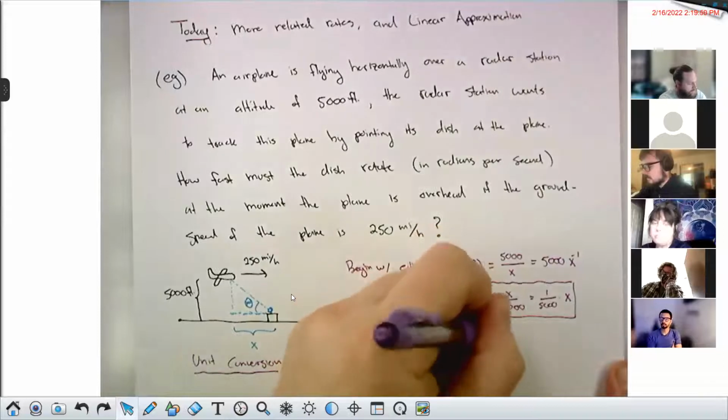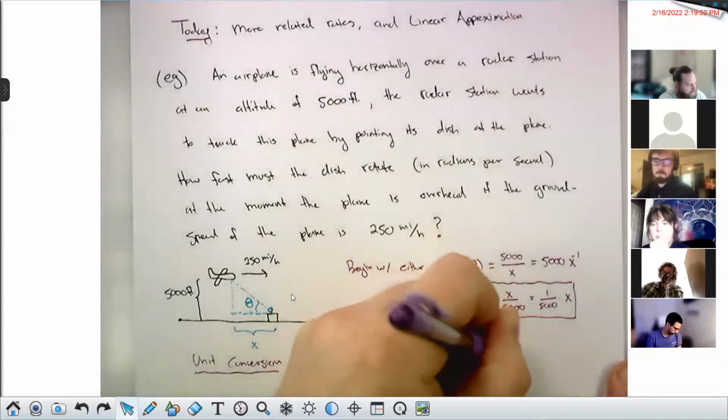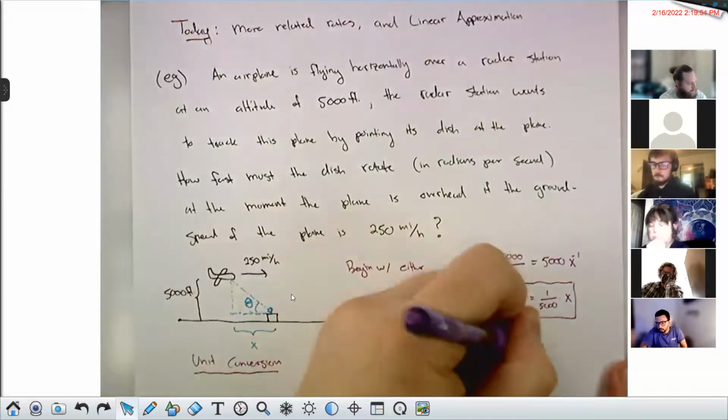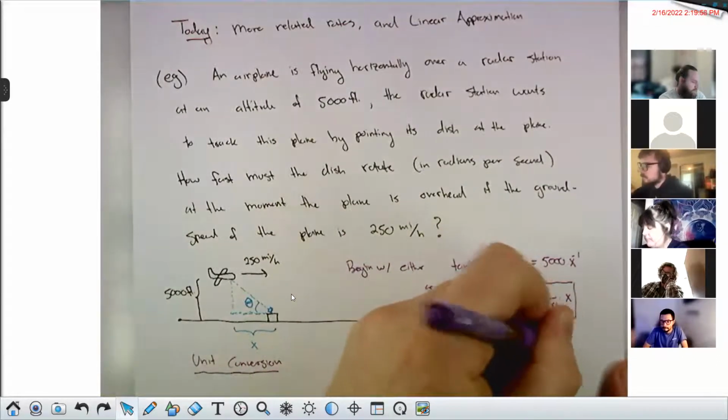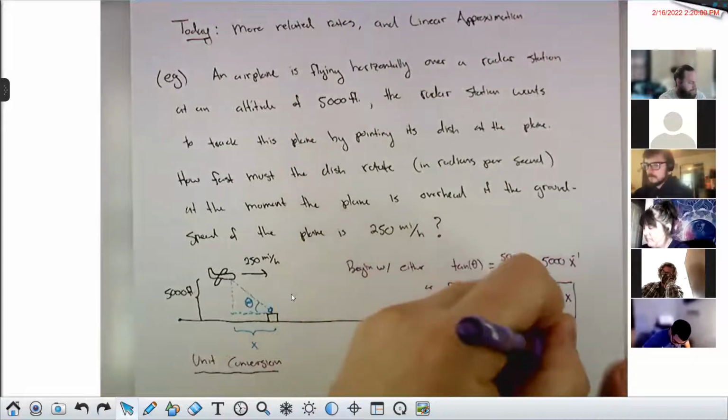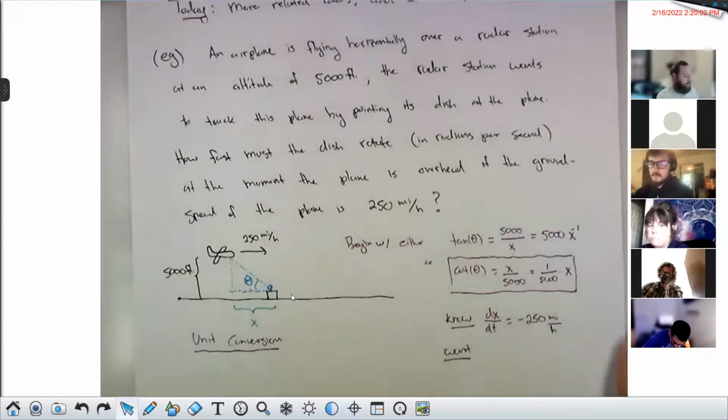So that would mean that dx dt is negative 250 miles per hour. And I'm going to convert that miles per hour into feet per second. It's going to be quite large.